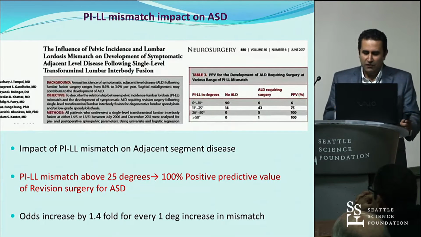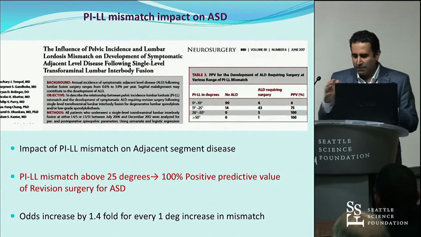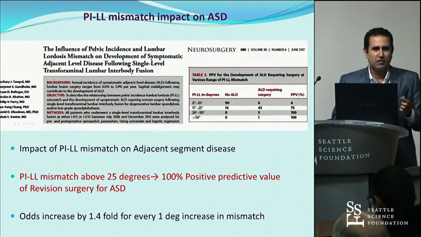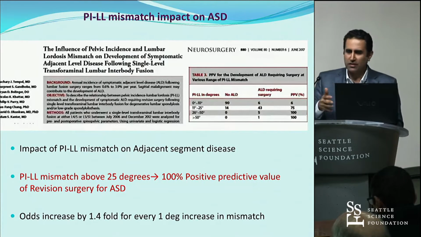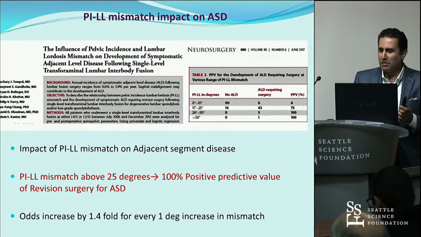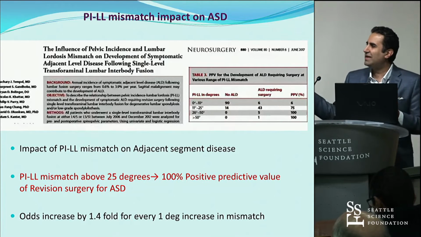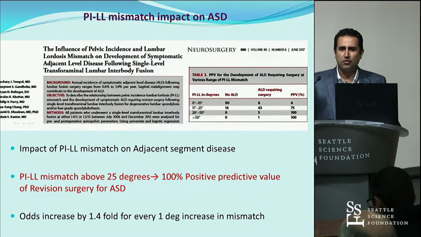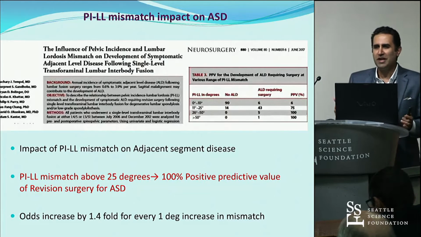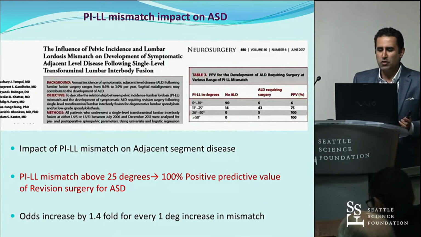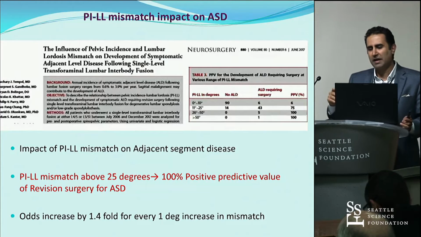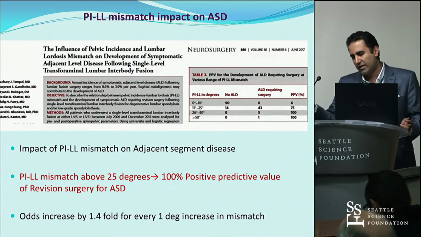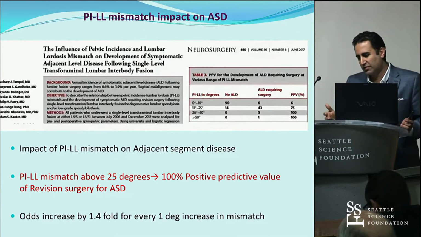So again, if you leave with any global perspective, you've heard very specific technique talks and impact talks on behalf of the various procedures. But if you leave with any pointer, let it be that even for your short 1 or 2 level TLIF or PLIF that you perform, you have to take into account the impact on their alignment, at least for that level, if not for their lumbar lordosis and their total sagittal balance.